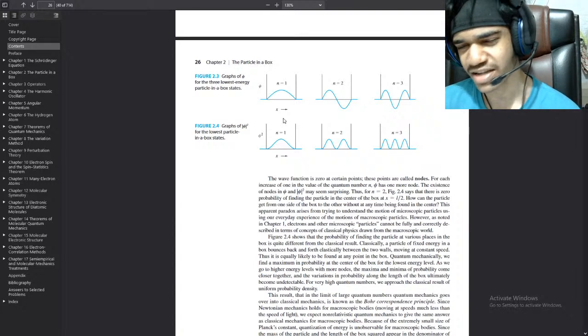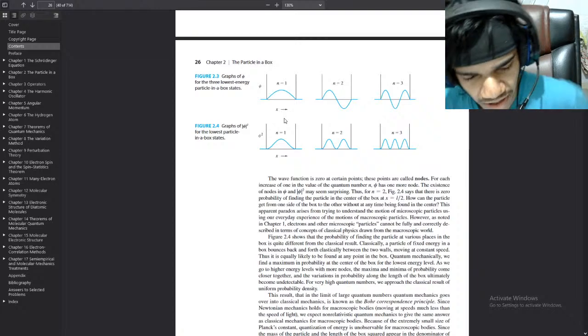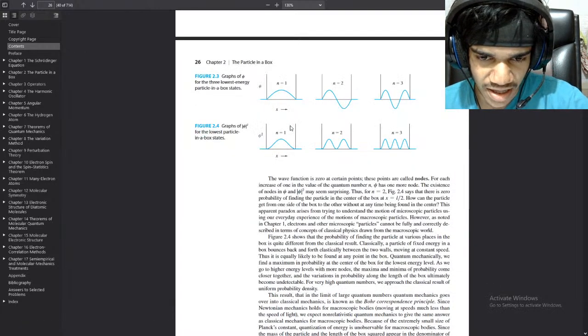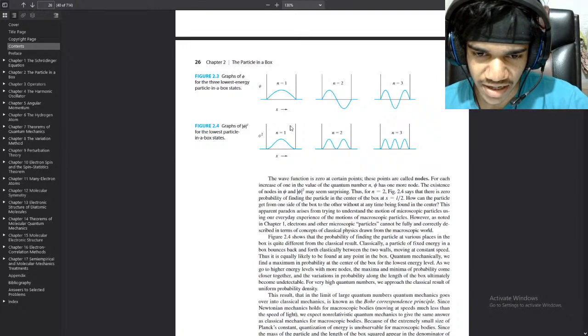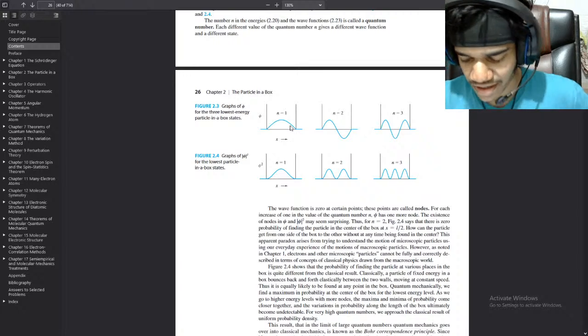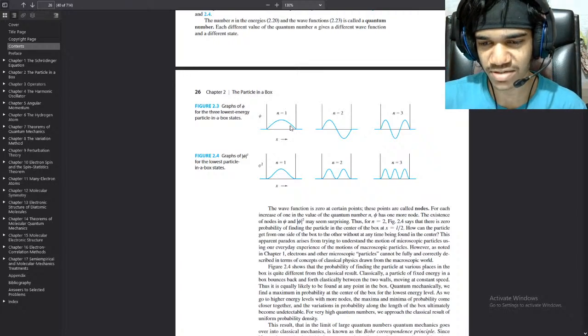Okay. Like the book I was showing here, psi is not the wave function. I think capital phi here is the wave function. Let me show you. I'm getting confused. Wait a minute, let me check.